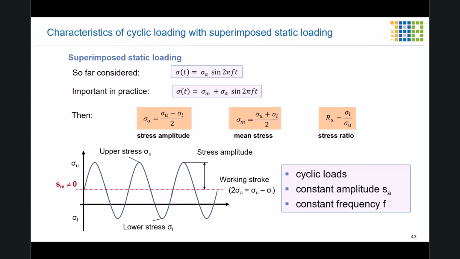Then we can get the stress amplitude, mean stress, and stress ratio, as you can see in these equations. But in general, the addition of the mean stress has no influence on the rest of the test parameters. For example, the constant frequency is comparable to fatigue testing without a mean stress.